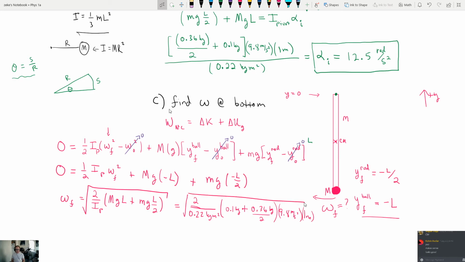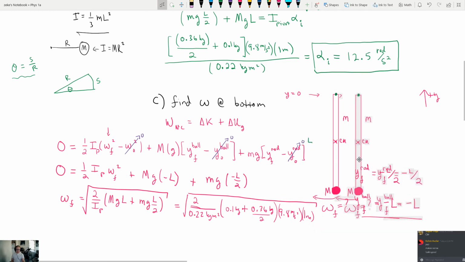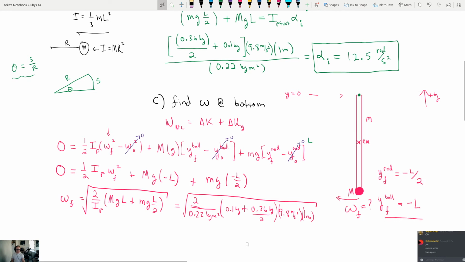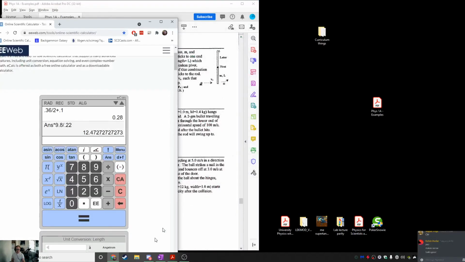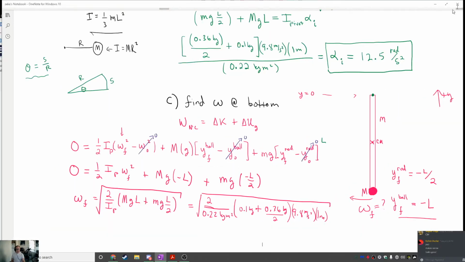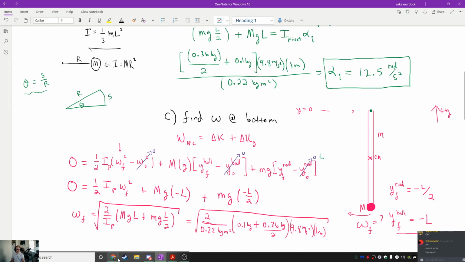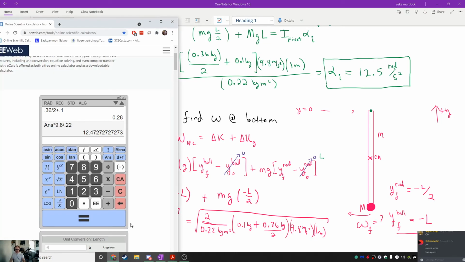I apologize, these equations are really quite sloppy and they kind of ran into this, so sorry about that. I'll probably move this over just a little bit so that they're not so crunched up here. So there's our equation, and if we come back over here, okay, let me know what you all get on this one.